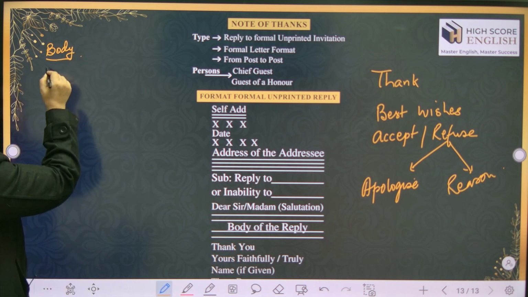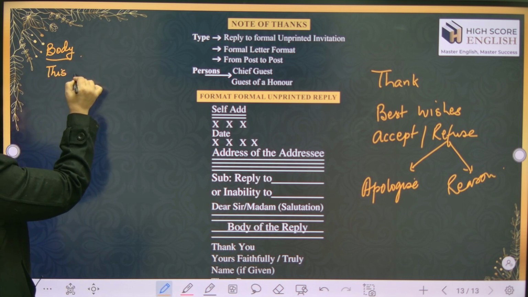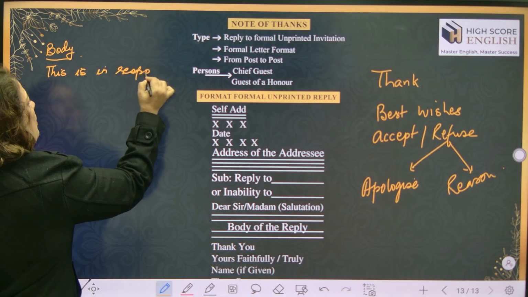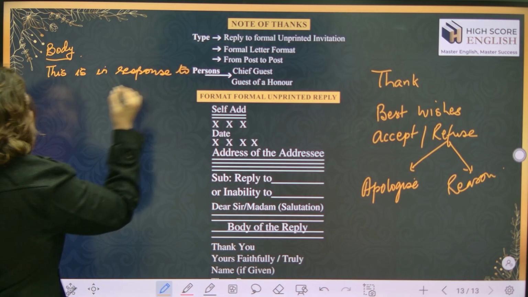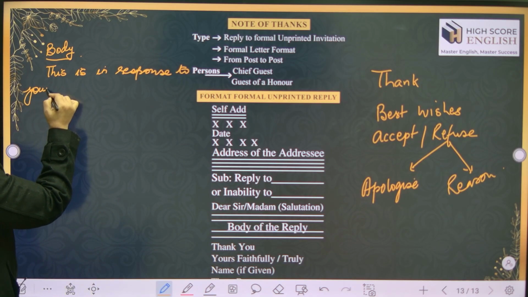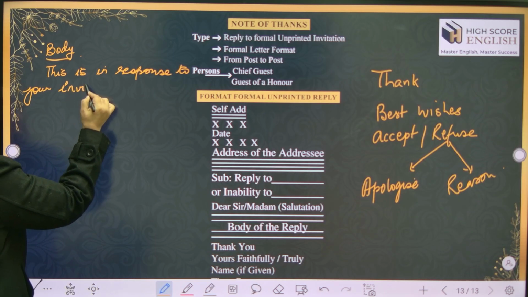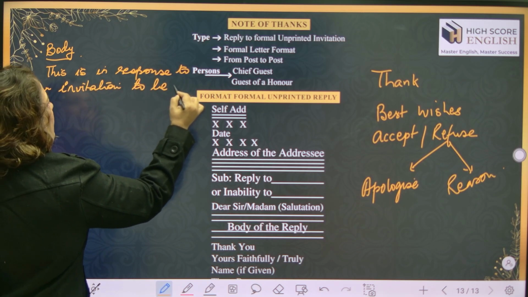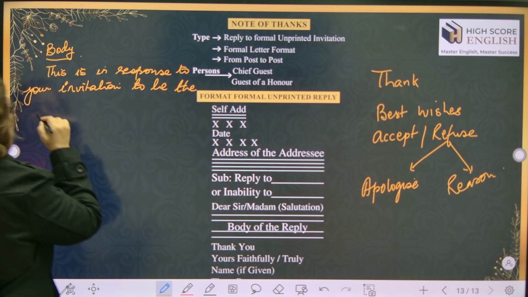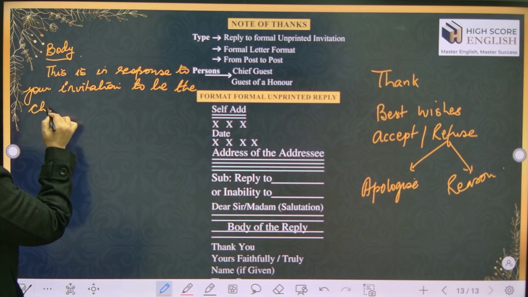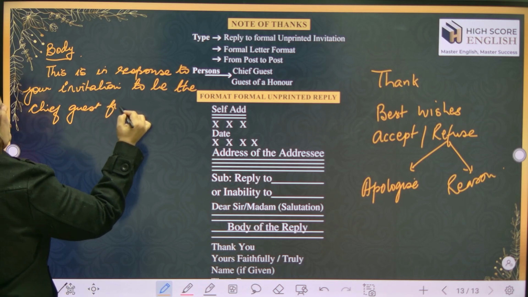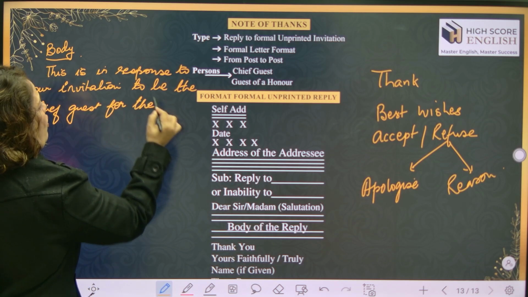Okay, this is in response to your invitation to be the chief guest for the annual sports day of your school.